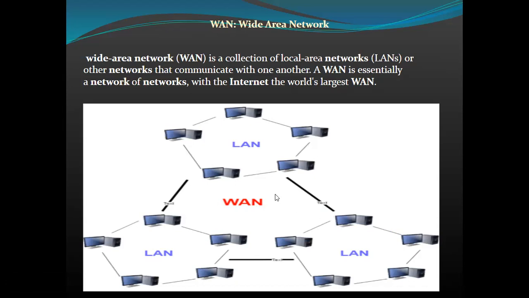It covers an extended area, so it is a collection of local area networks or other networks that communicate with one another. WAN is essentially a network of networks. Here we have one network connected to another network, and there is another network here. The combination of it is what is called WAN, which is wide, very wide.